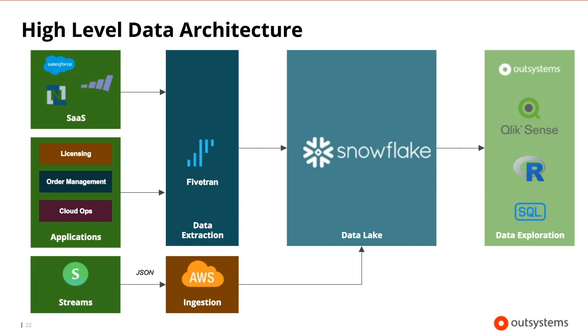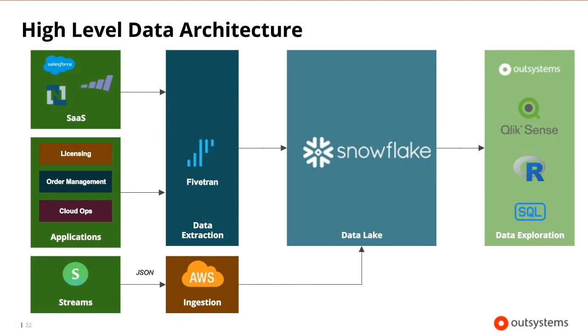For all of our internal applications, FiveStrand is getting the data from the databases directly, pushing that data into Snowflake periodically, and we're doing the data exploration with the same tools that we had before. So it was just a change of connection strings, and a very seamless transition.